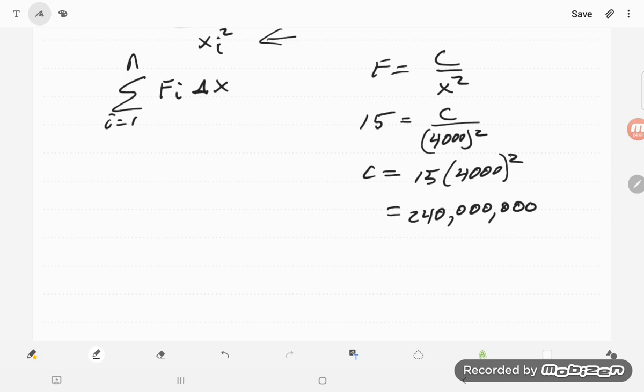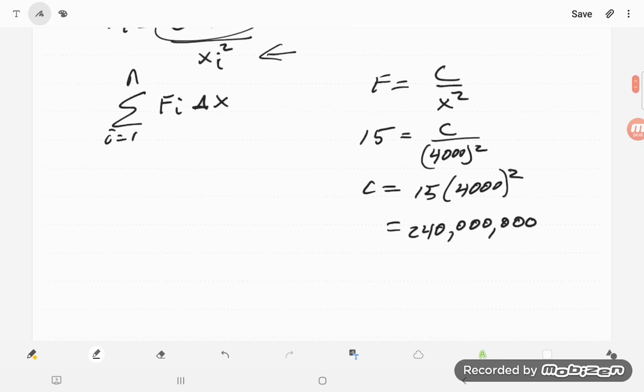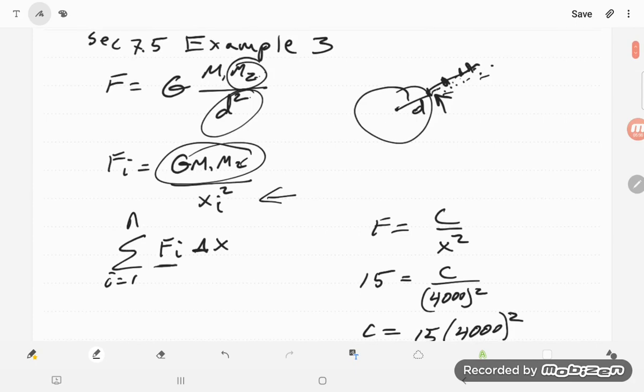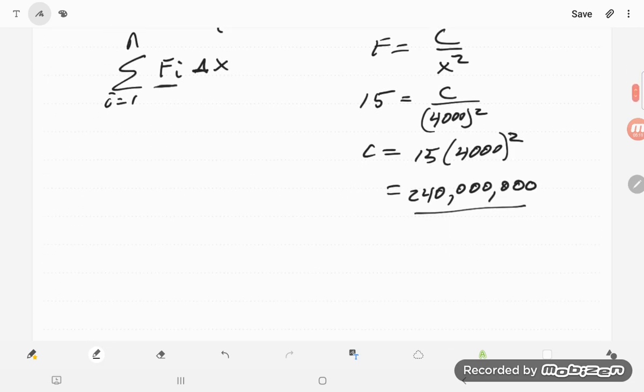Okay, so we have that. And so each one of these little forces as it changes is this 240 million divided by our particular value of x wherever we are along here, and then times our delta x.